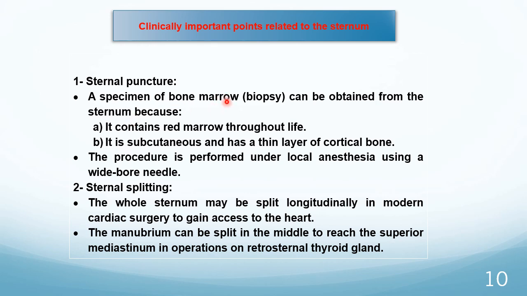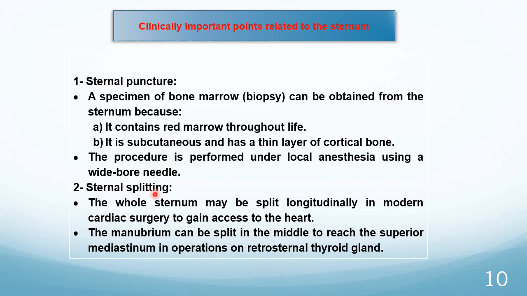Because, number one, the red bone marrow present in the sternum is active throughout life. Number two, the sternum is covered by a thin layer of compact bone and lies subcutaneously. So we can take the biopsy by a needle, with local anesthesia injected at this area.